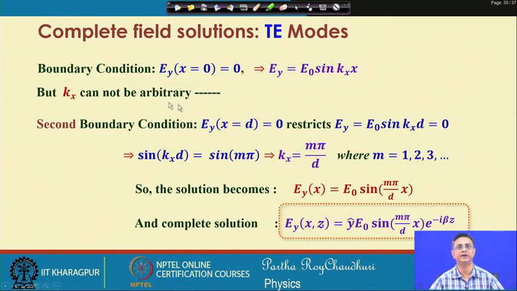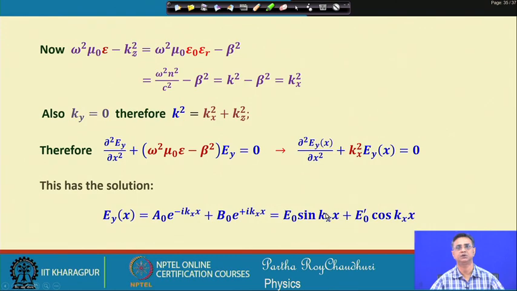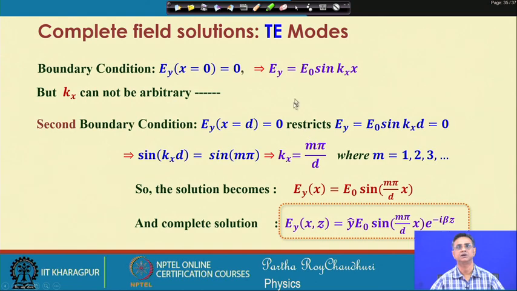Now, we will use the boundary condition, that is E y equal to 0 at x equal to 0, which will immediately give you that E dash must be equal to 0. So, I get E 0 sin k x, but k x cannot be 0. It represents the waveguide structure, and if we impose the second boundary condition at x equal to d, again E y will be equal to 0.